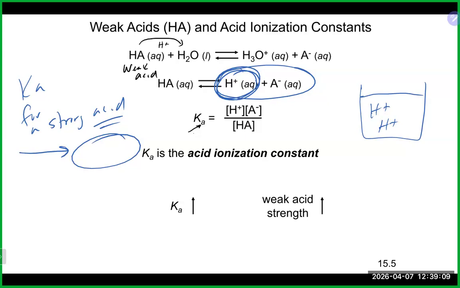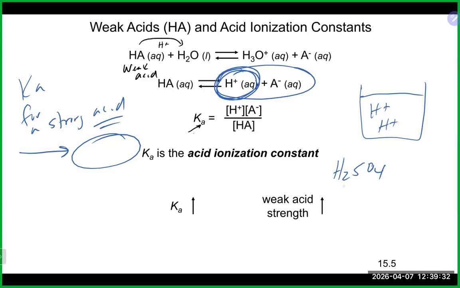The only strong acid you will probably ever find, in most cases, on a Ka table is sulfuric acid. It's the only one that you may find on a table. And the value that you get for sulfuric acid is large. Not really a number, it actually just says large, so that's not a very helpful number.